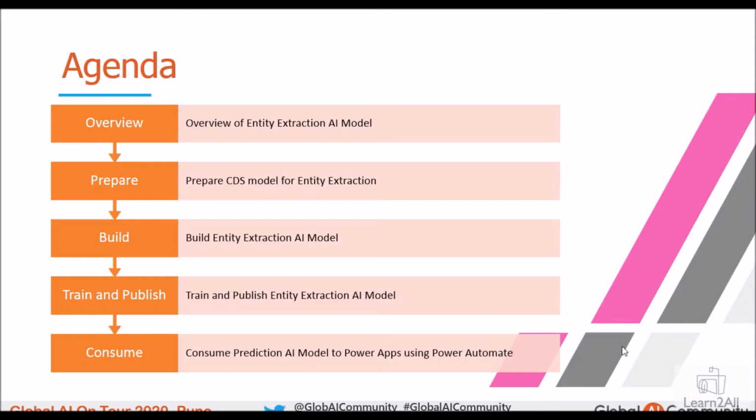The third step is to build the entity extraction AI model. After that, we are going to train, build and publish our entity extraction AI model. And at last, we are consuming our published AI model inside Power Apps using Power Automate. So this is the overall agenda for this session.